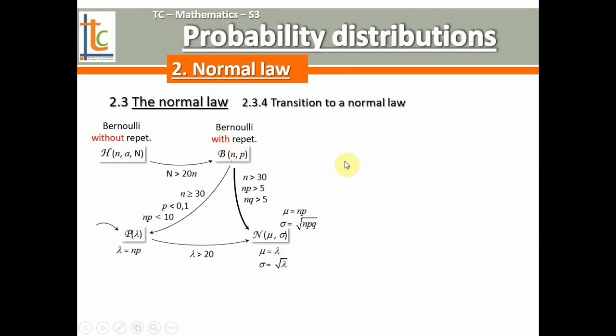But the problem is still that a normal distribution works with a continuous random variable, so values that can be all the real numbers in some interval. But these distributions work with a discrete random variable, that is a number of successes: 0, 1, 2, 3, 4, so non-negative integers. Okay, it could be 0.